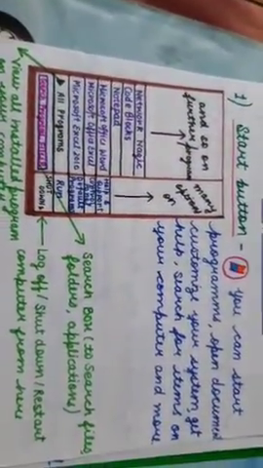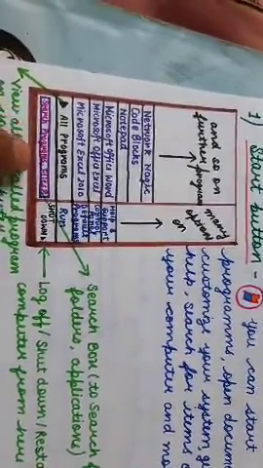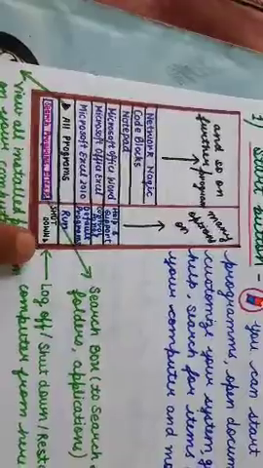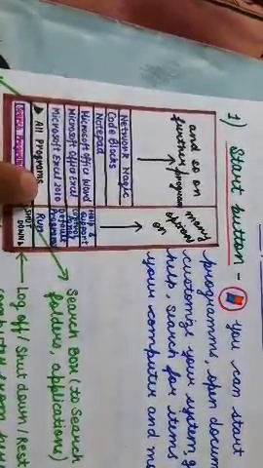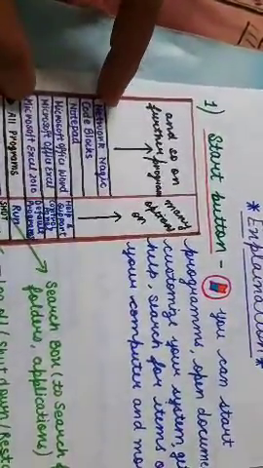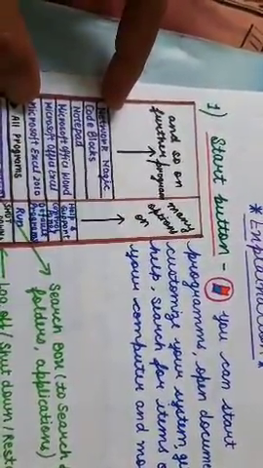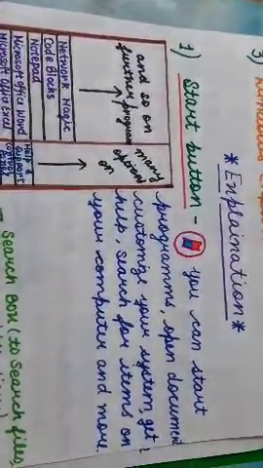When we open a system, the desktop displays search program files, shut down, run, and all programs. All programs contains the list of all the applications that are installed in your system. You can start programs, open documents, customize your system, get help, and search for items from your system.